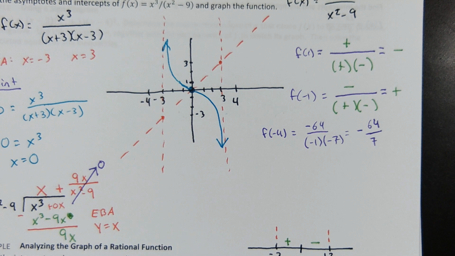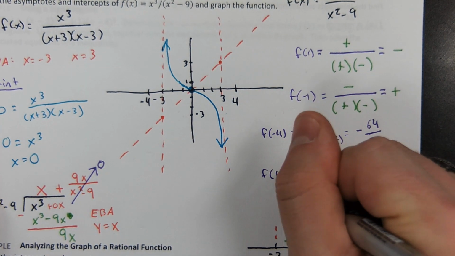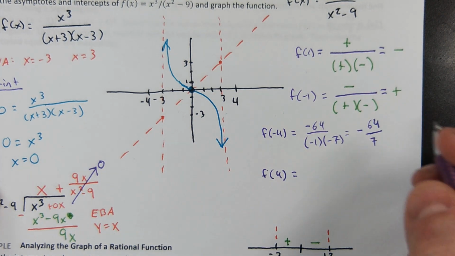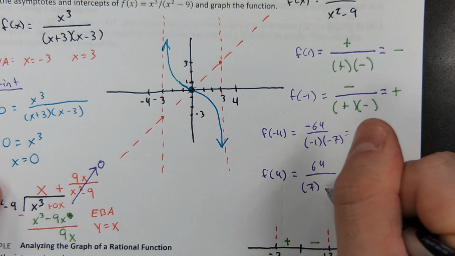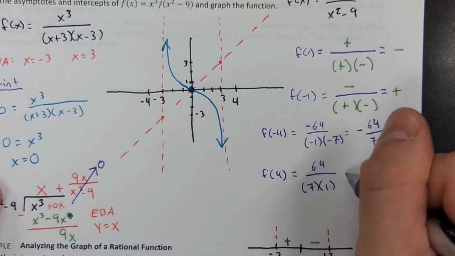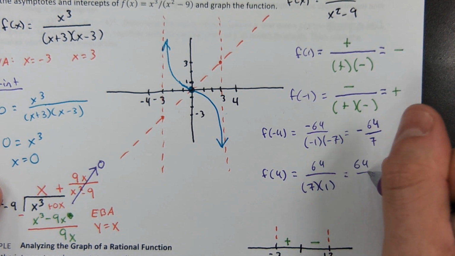And I'm going to now drop in x equals positive 4. 4 cubed is 64. 4 plus 3 is 7. 4 minus 3 is 1. I get positive 64 over 7.